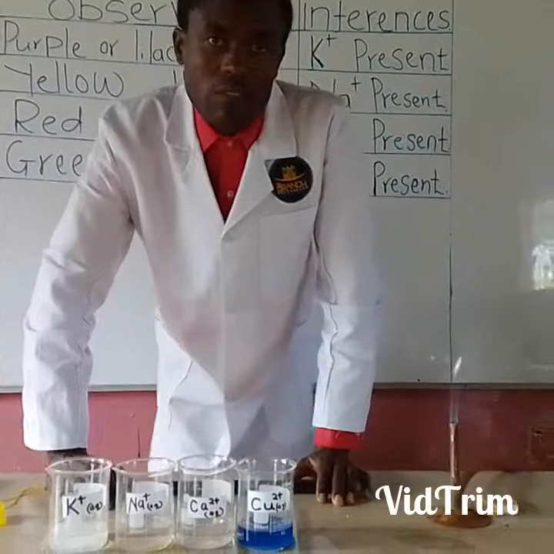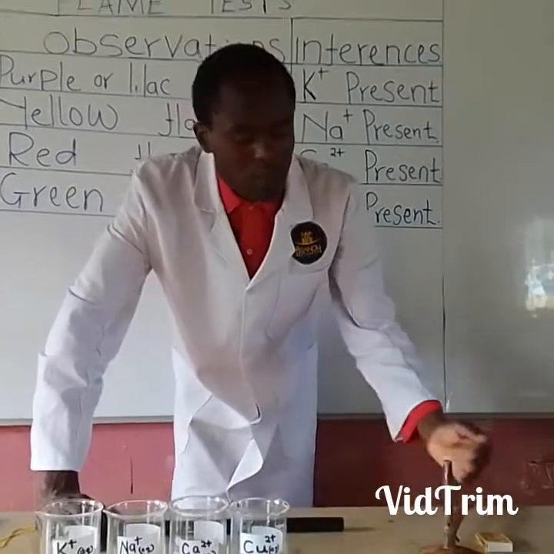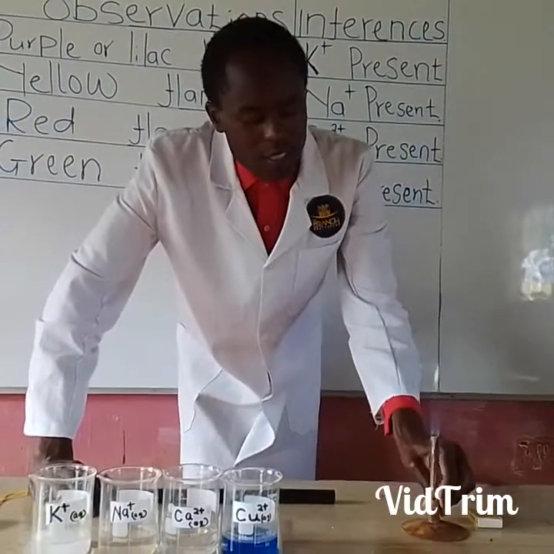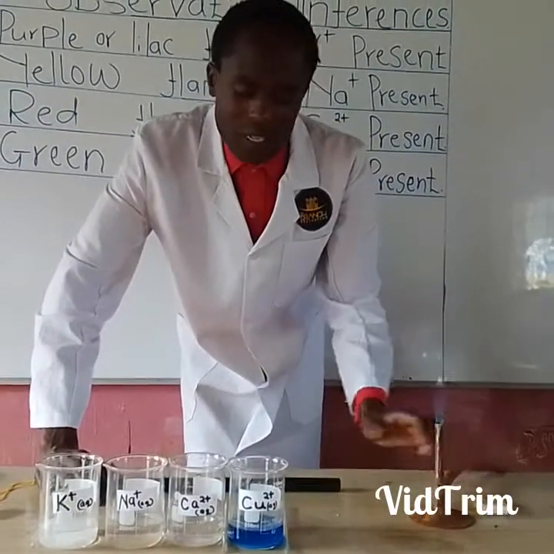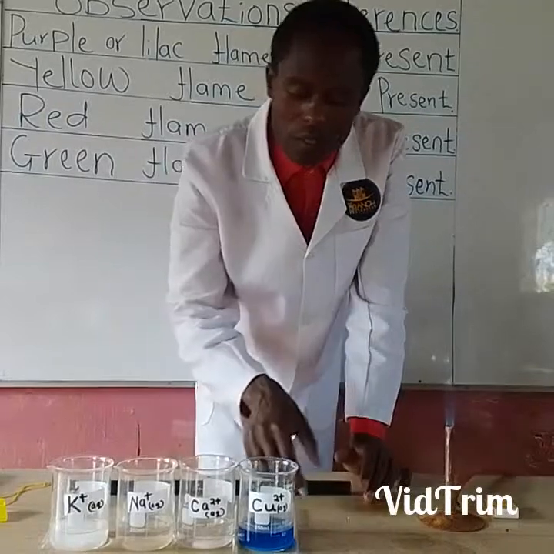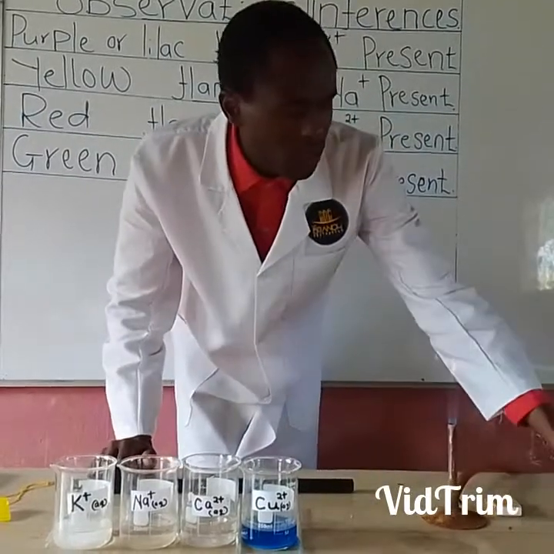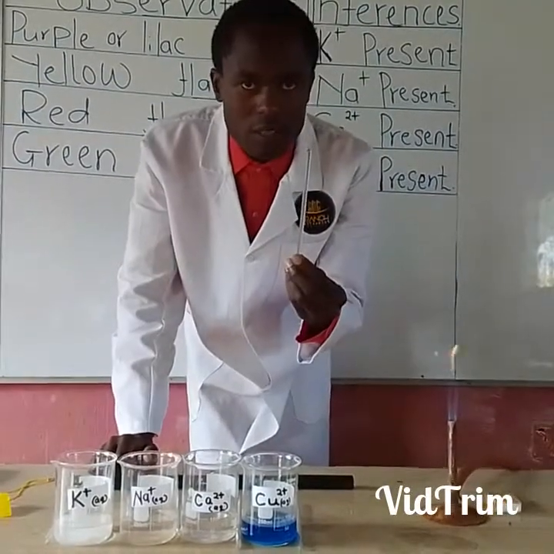So what am I going to do? When you look at my left here, you can see a non-luminous flame of the Bunsen burner. Also I have the glass rods with me.